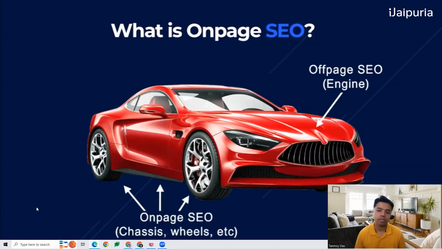Whereas off-page SEO is like the engine, wherein it is the outside part of it, which is related to the improvement or the performance of the car. So we have to keep these things in mind while we are doing our on-page SEO, and we have to build on these activities and strategies on the website so that our website's credibility increases in front of the Google search engine.